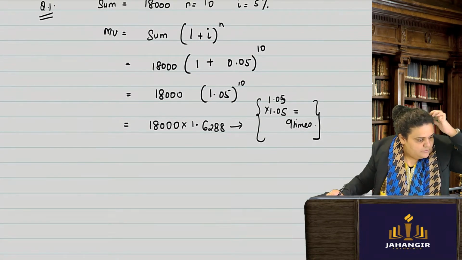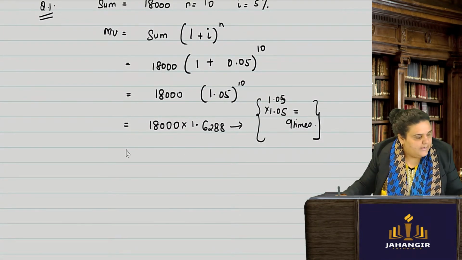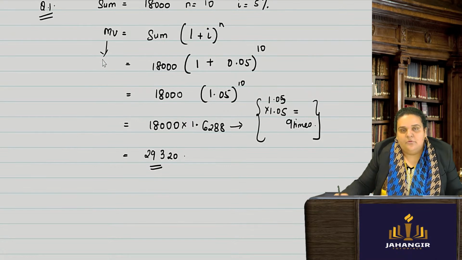So now 18,000 into 1.6288 will come to 29,320. This is the maturity value, also known as the future value.